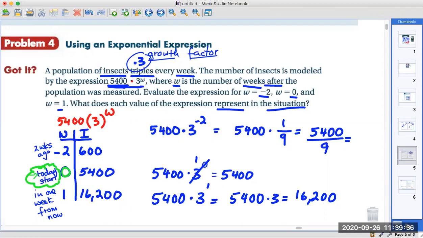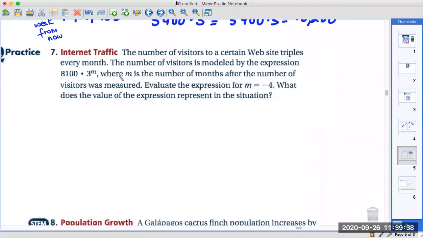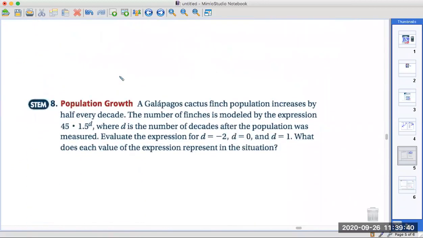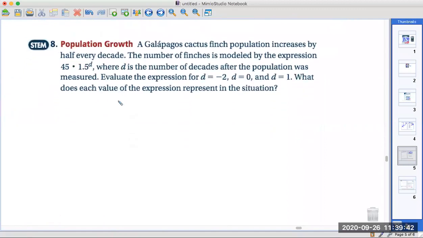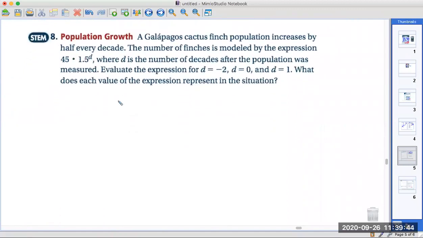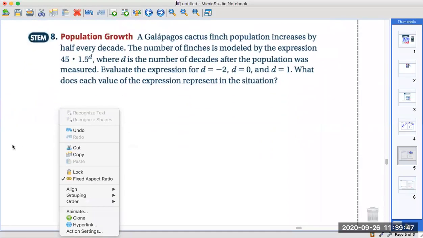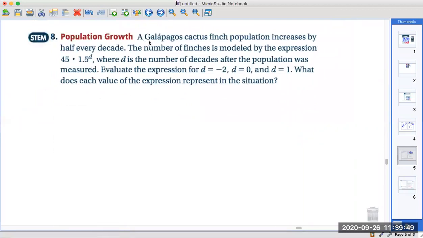All right, last, going to skip internet traffic. We're going to finches. Finches are birds, and this is another growth problem. A Galapagos cactus finch, so this is a bird population, increases by half every decade.